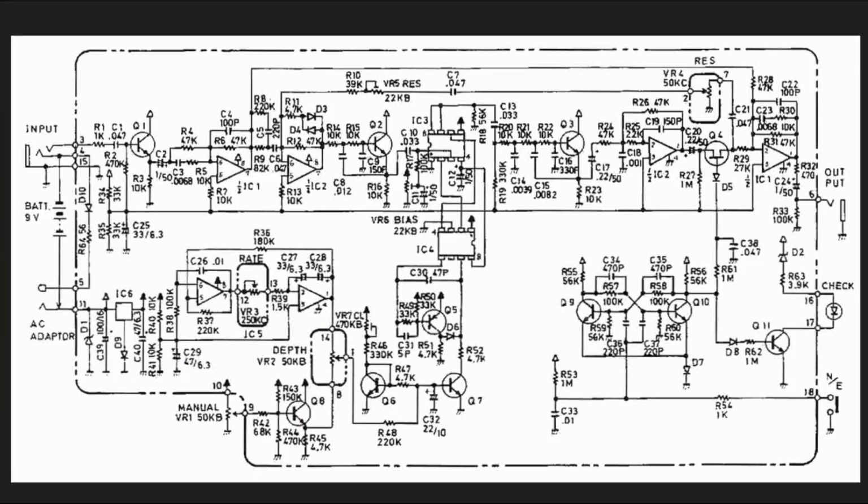Once we have our signal coming from the output of the depth pot, it comes through a large resistor over to here where we have a transistor that is connected to power with a variable resistor, a trim pot, and a fixed resistor here. And what actually ends up happening is that the LFO has no real effect on this whatsoever.